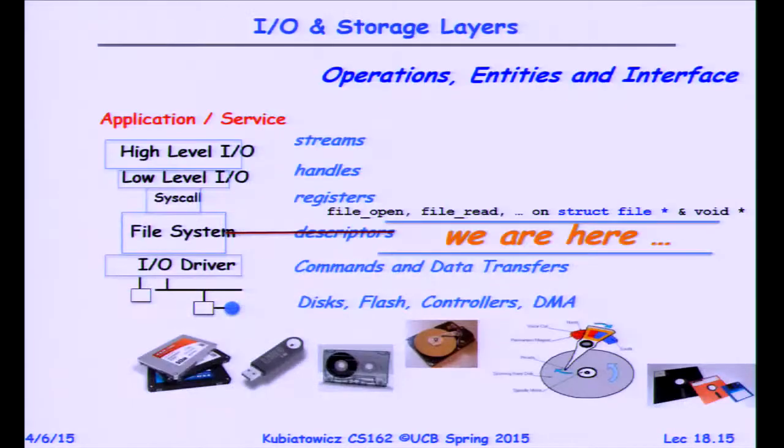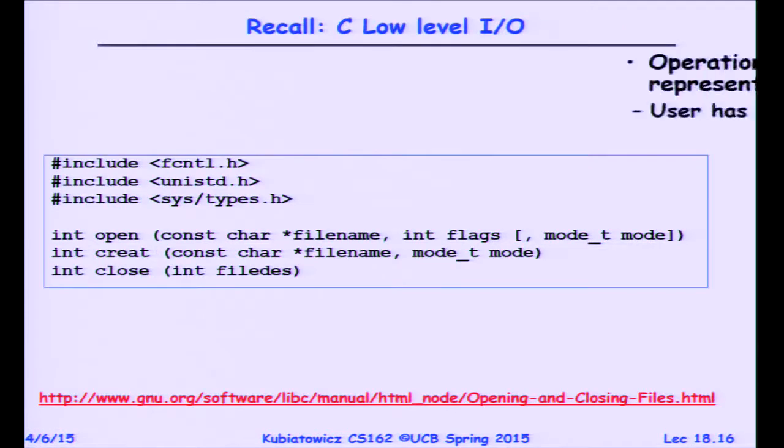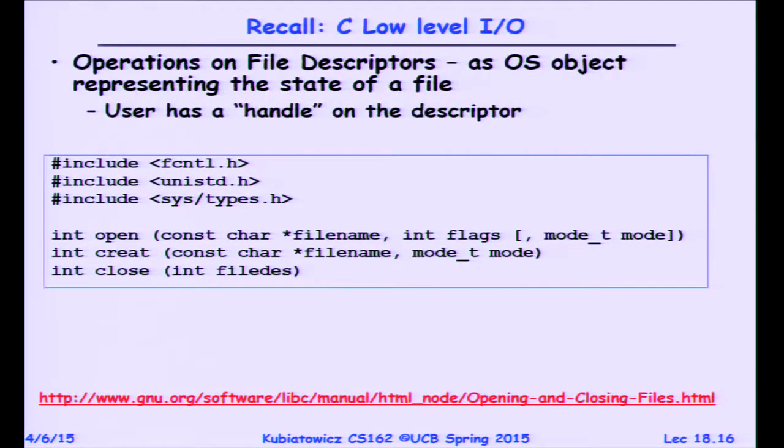All right. So where are we now? We've been talking about disks and I/O drivers, so we dove all the way down, and today we're going to pop up a level to talk a lot about structuring of blocks to make file systems. That's going to be our goal. If you remember, we had a low-level interface of open, create, close.